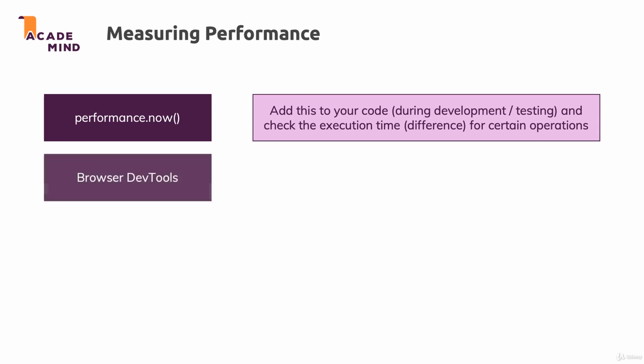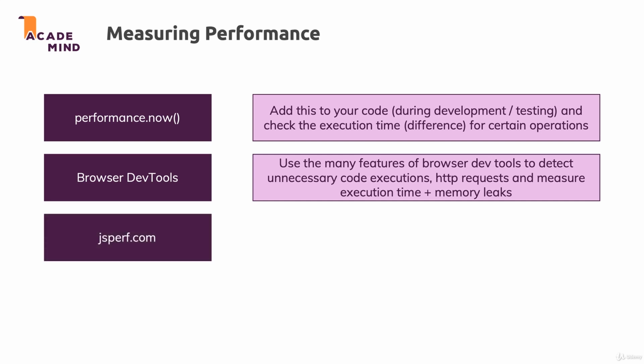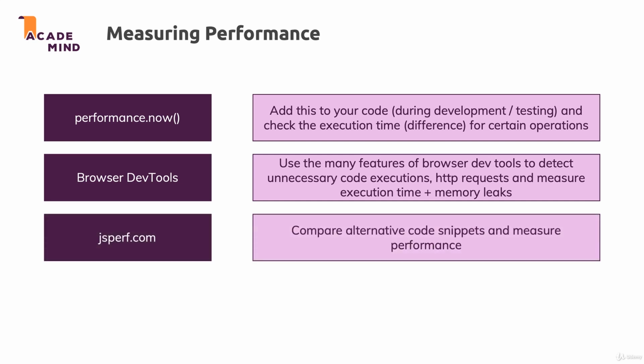Then, of course, outside of your code, you do have the browser dev tools, as I mentioned, where you have many features that allow you to detect all kinds of different problems and bottlenecks you might have in your code. And you also have certain websites like jsperf.com, which allow you to benchmark certain code alternatives against each other and find out which one is quicker.